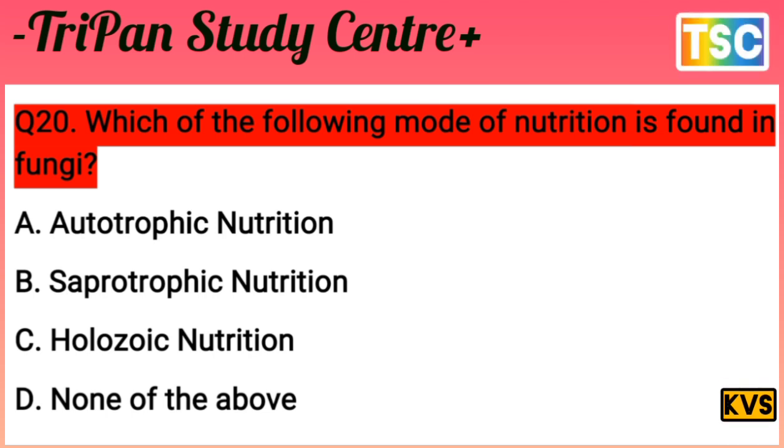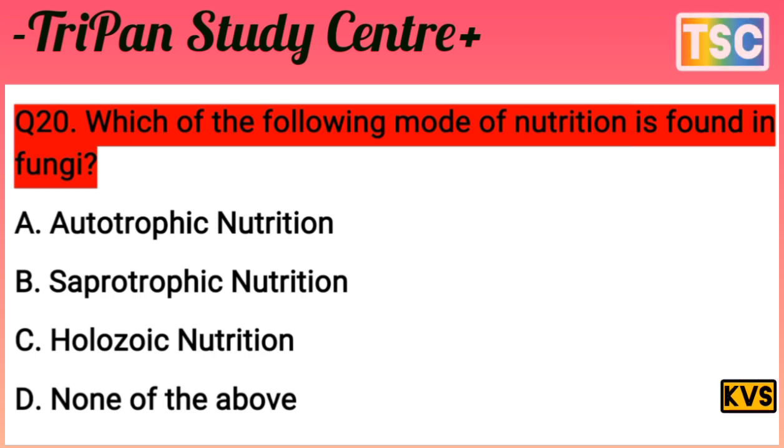Let's see the next question on your screen. Which of the following modes of nutrition is found in fungi? A. Autotrophic nutrition, B. Saprotrophic nutrition, C. Holozoic nutrition, and D. None of the above. That's an important question.